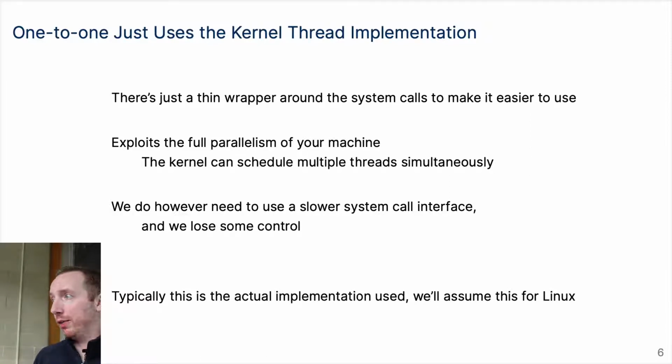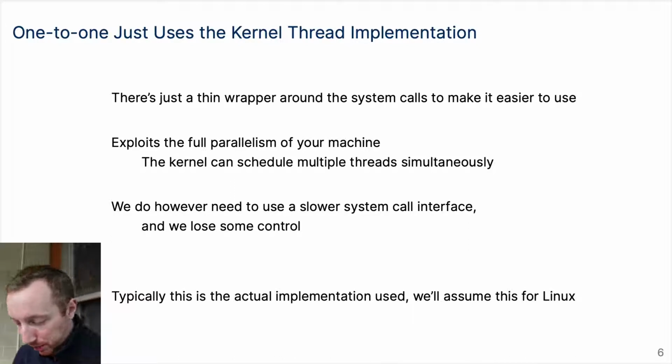So you essentially give up that freedom of writing your own scheduler by just using the kernel scheduler. But thankfully for all of us, the kernel developers are quite smart, and the scheduler is quite good. And this is the actual implementation typically people will use. And for Linux, with pthreads, this is the actual implementation.